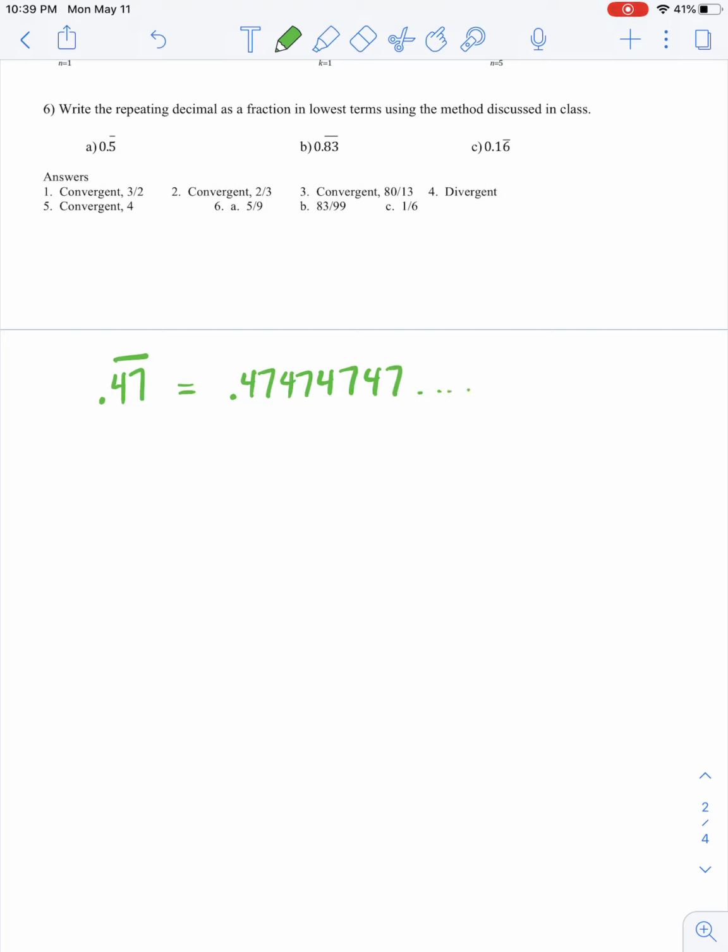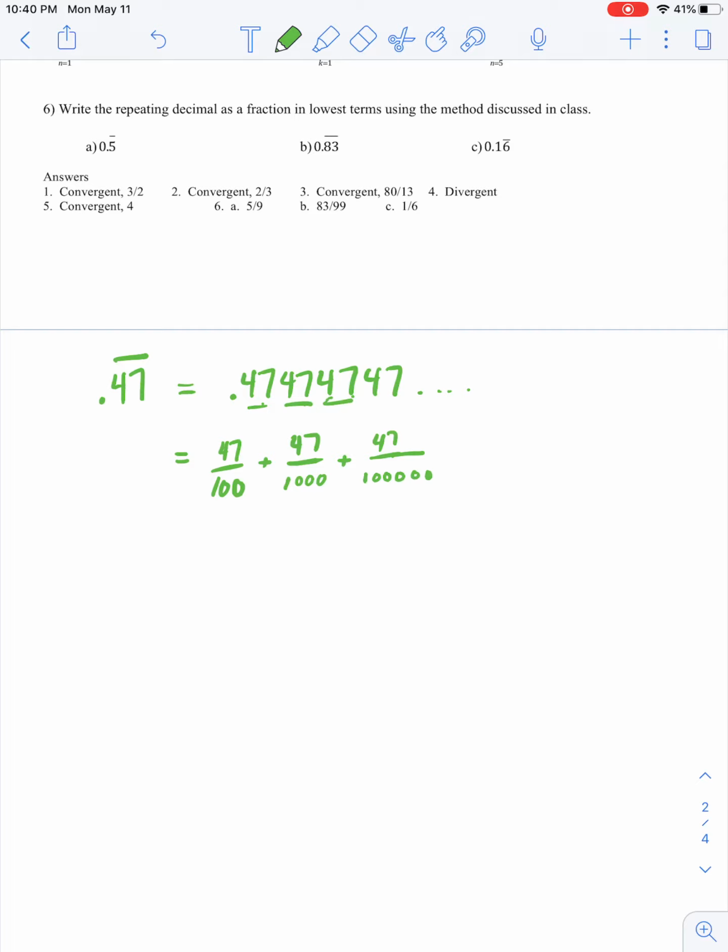So another way to write that as an infinite series is this is 47 100ths. And then this next 47 is 47 10,000ths. And then this next one would be 47 with 1, 2, 3, 4, 5, 6 places, so 47 millionths.